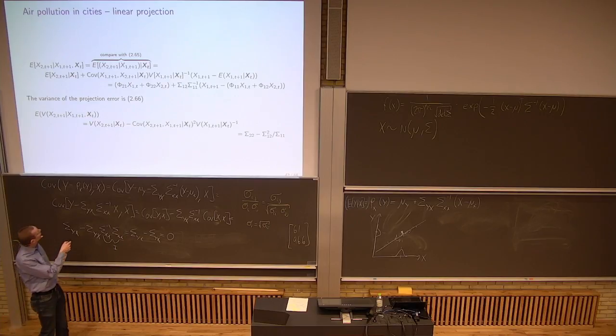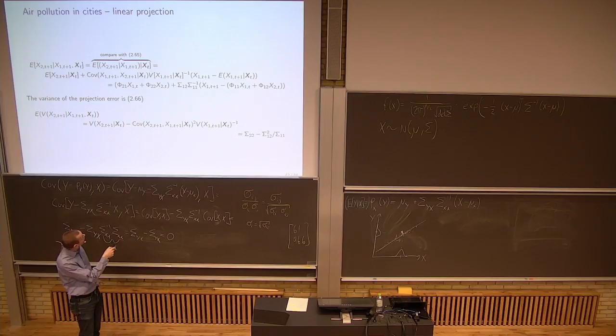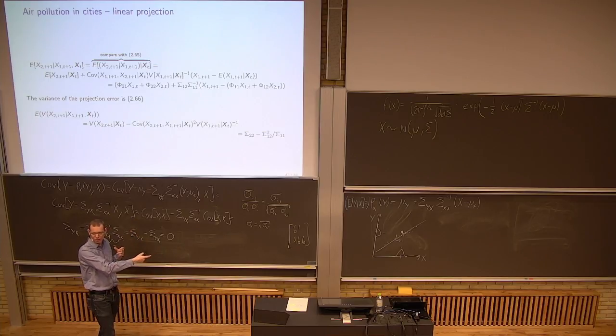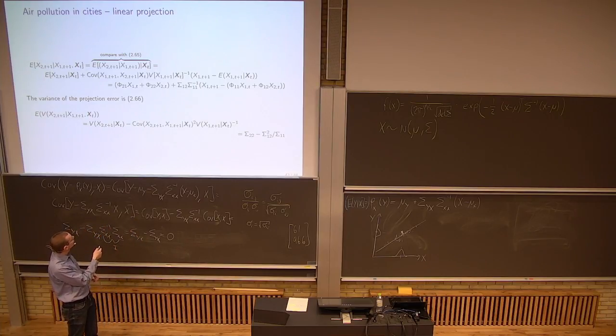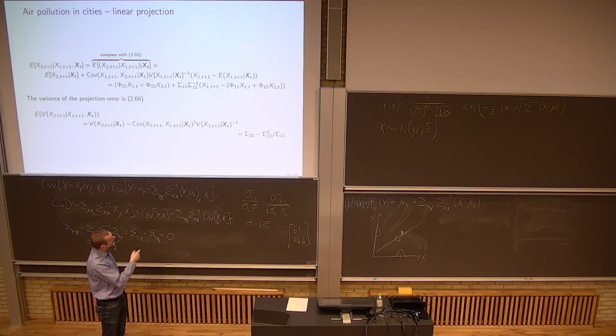So it's the variance of what we have minus the covariance. In this case, it's a scalar. So I don't have to pre-multiply by the covariance and post-multiply by the transpose. I can just take the covariance of x2 and x1 squared in front and then normalize by the variance of x. So that's what we have.